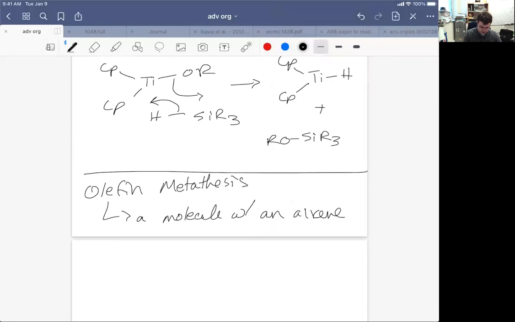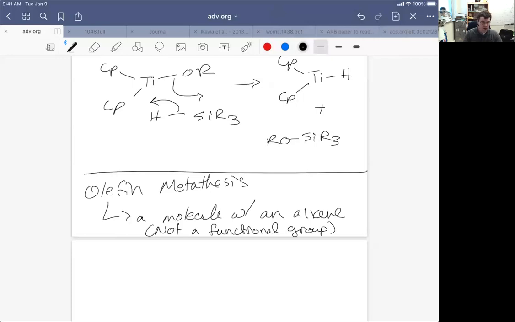You also want to recognize that olefin is not a functional group, but rather it's a molecule, a class of molecules with an alkene present. Again, people don't call these processes alkene metathesis.